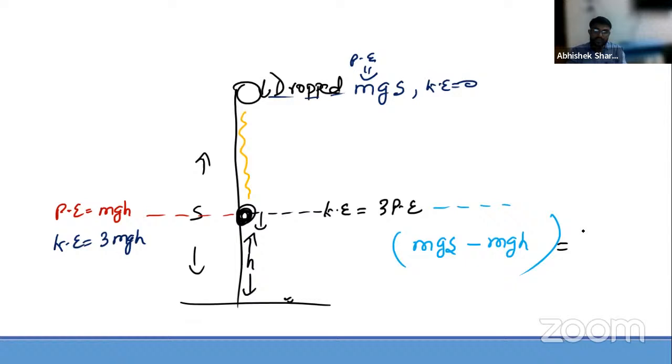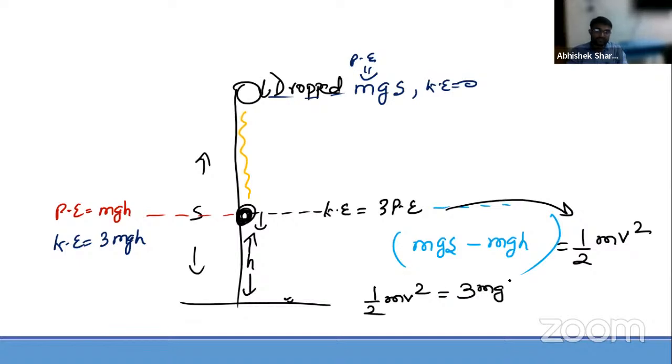Half mv square. Okay. Also, it is given that this half mv square at this level is equal to 3 times the potential energy at that level, that is, it is equal to 3 mgh.